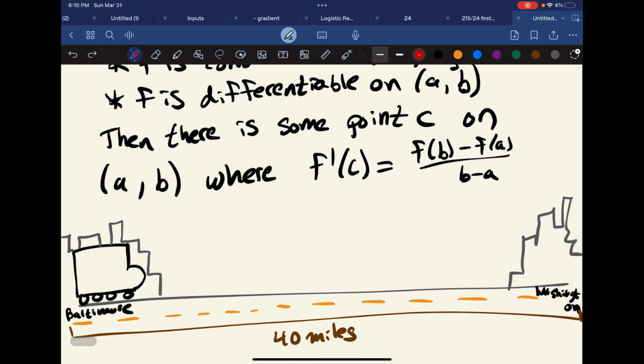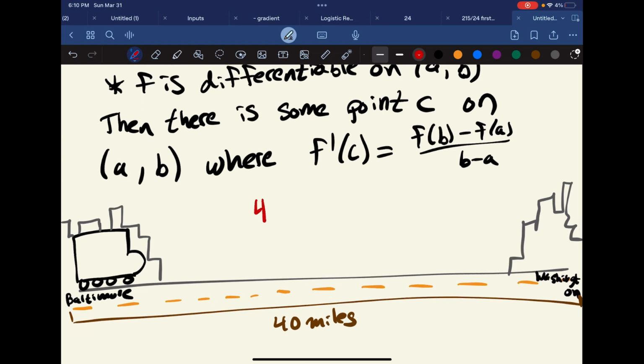Imagine you have a truck that's going from Baltimore to Washington, and Baltimore and Washington are like 40 miles apart, something like that. Say that the truck makes it there in 40 minutes.